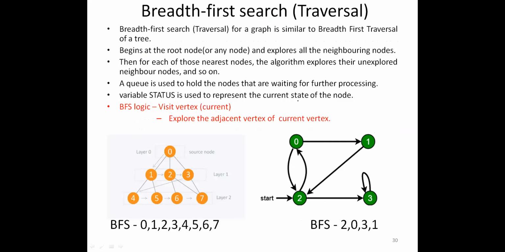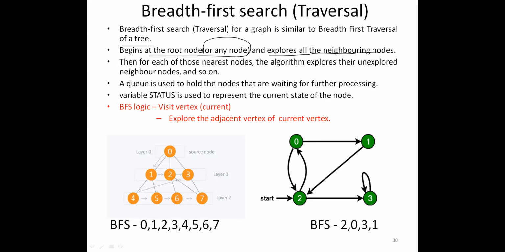Breadth first search traversal for a graph is similar to breadth first traversal of a tree. It begins at the root node or any node. Here we can start from any node or the root node, that is your wish. Then start exploring all the neighboring nodes, that is, the adjacent nodes.